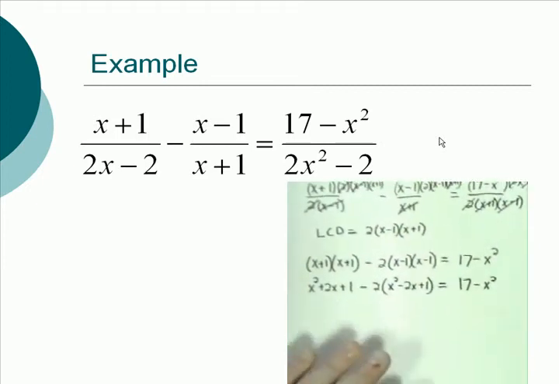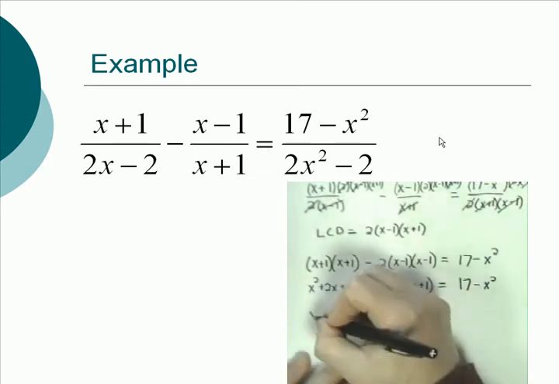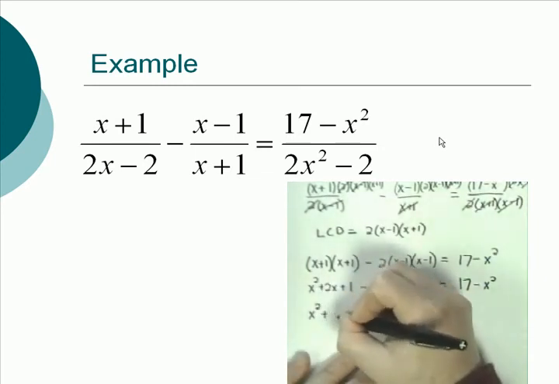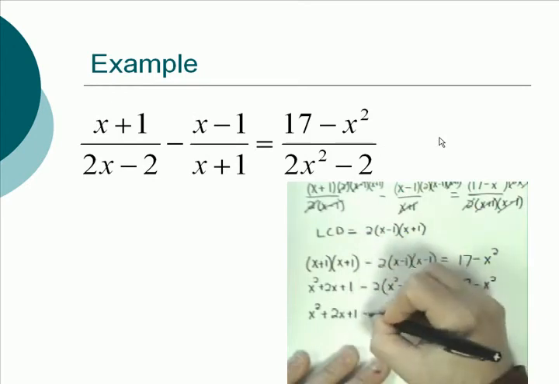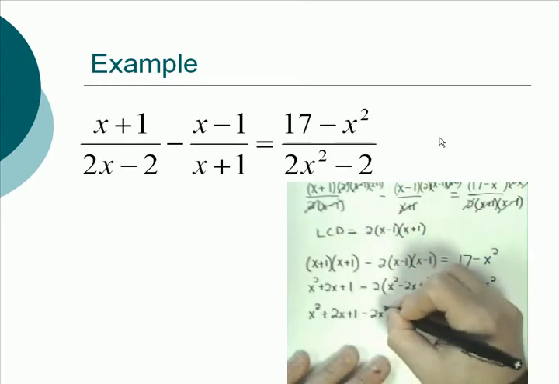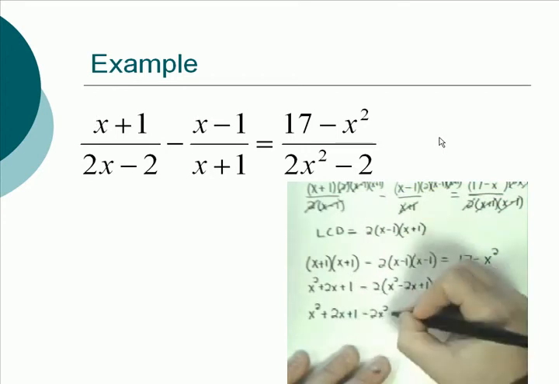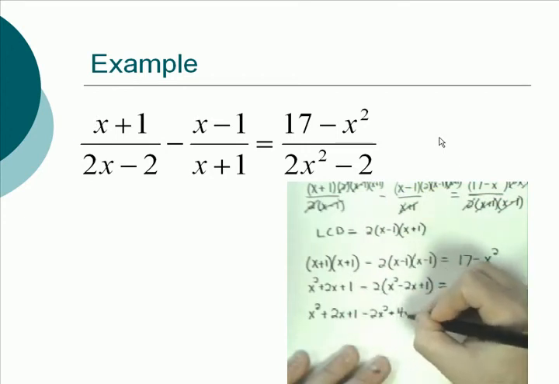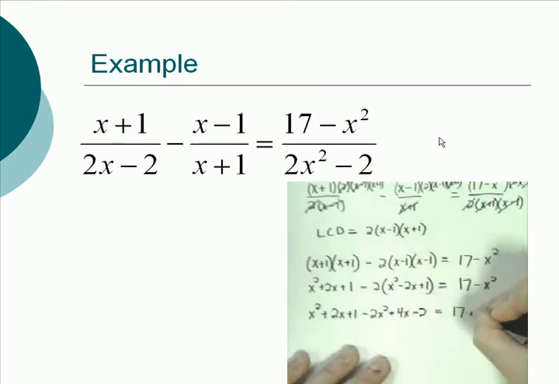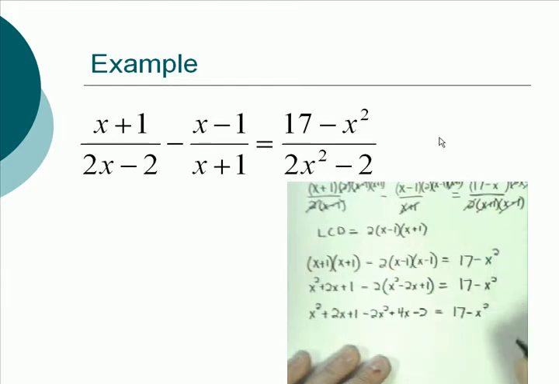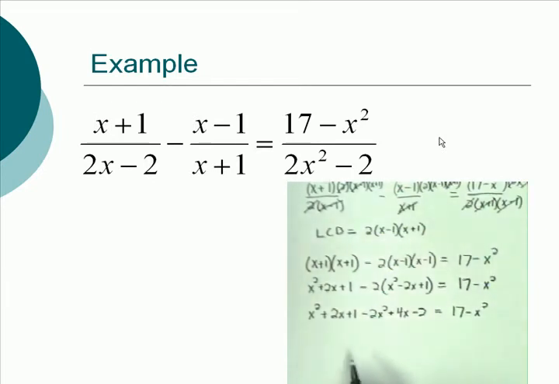Okay, continuing on, we now have x squared plus 2x plus 1 minus 2x squared plus 4x minus 2. Let's combine like terms on the left side.